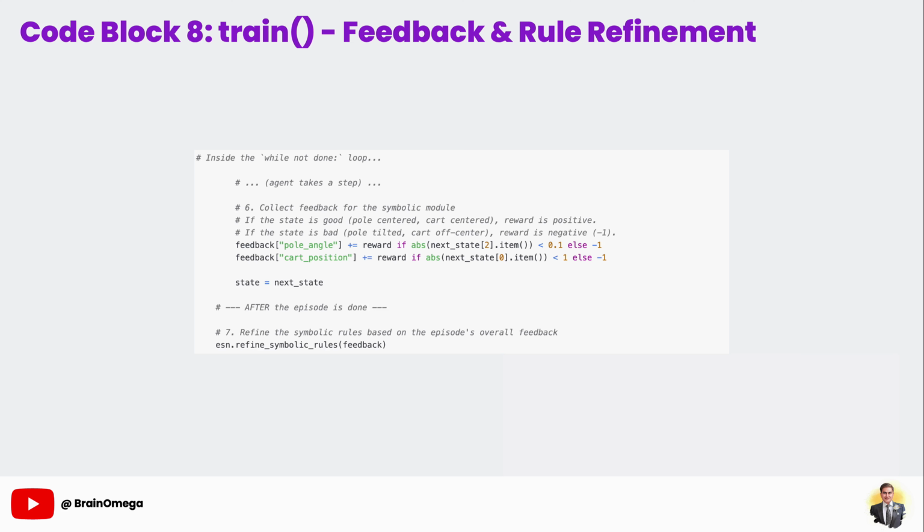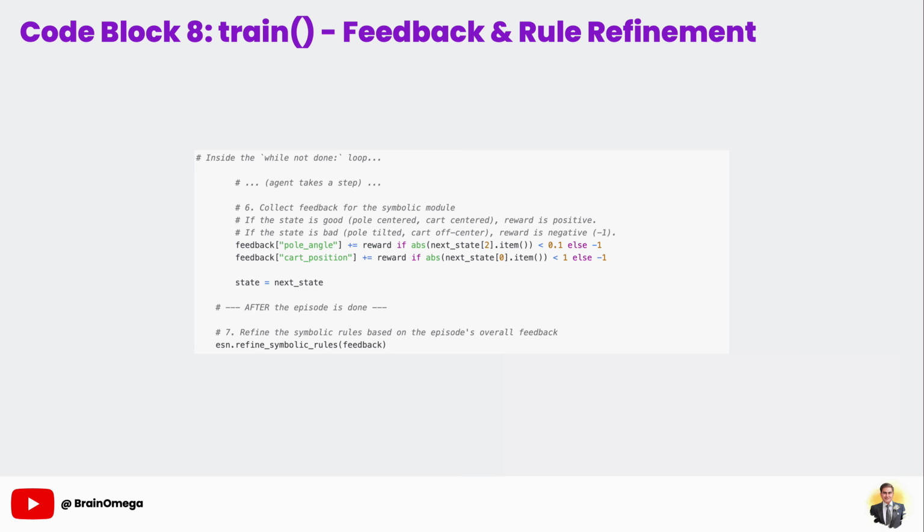For instance, for the pole angle, we check if the pole is nicely centered. If it is, we add the positive reward to its feedback score. If it's tilted too far, we give it a penalty of -1, regardless of the reward from the environment. We do the same for the cart's position. This helps us track if the states where our rules are active are generally leading to good or bad outcomes.